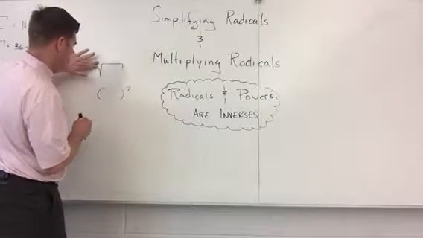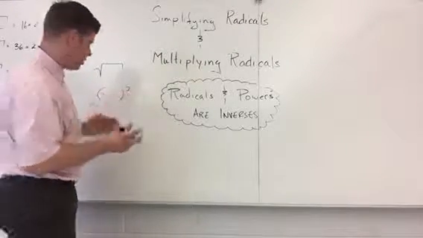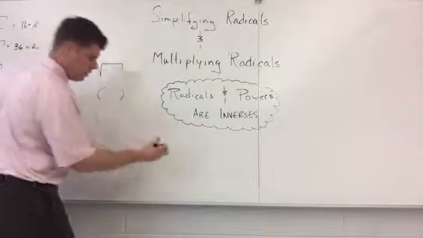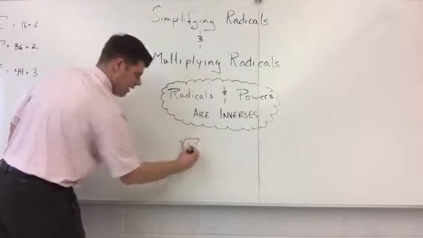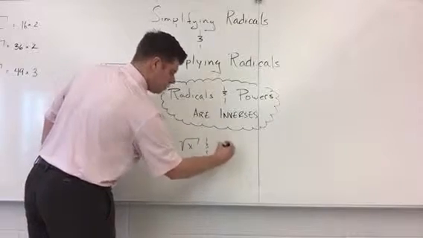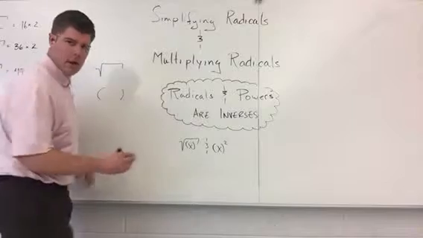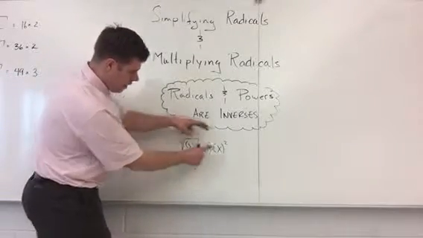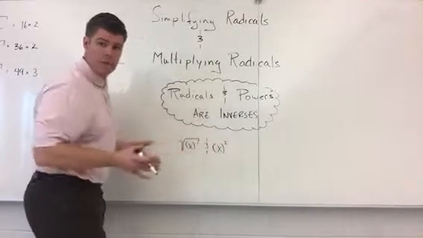For this video, we're just going to start off with the very basic introductory part, which deals with square roots. So what we need to know is that the square root and the power of 2 are inverse operations of each other.